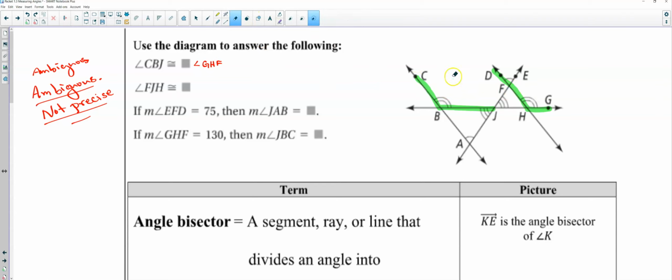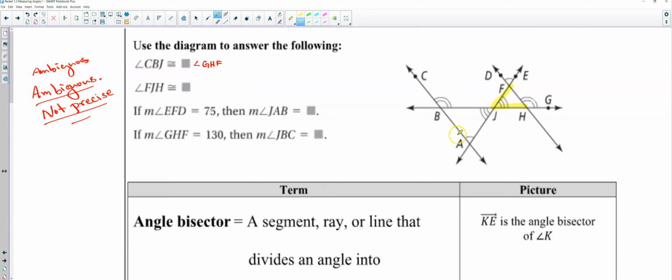Then we're saying angle FJH. Let me erase these so that we see what we're talking about. I'm going to go yellow this time, FJH. Notice this angle FJH has 1, 2, 3 arches, and here are 3 arches, okay? So 3 arcs.